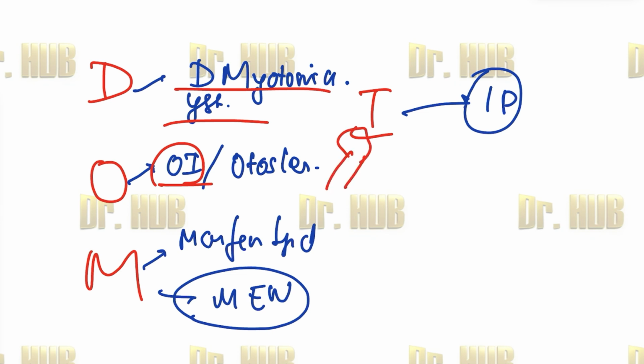So let's draw a bone: osteogenesis imperfecta and otosclerosis. Next is M for Marfan syndrome and multiple endocrine neoplasia. All this is going to be the dominant, so autosomal dominant. Then I for intermittent porphyria.